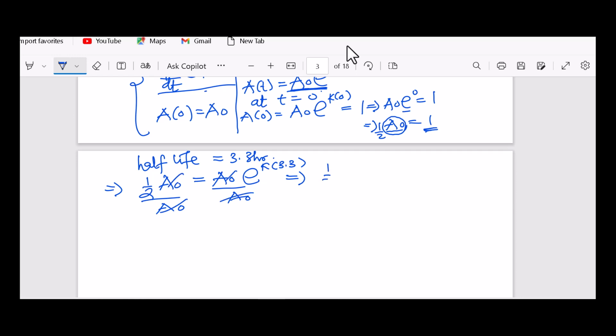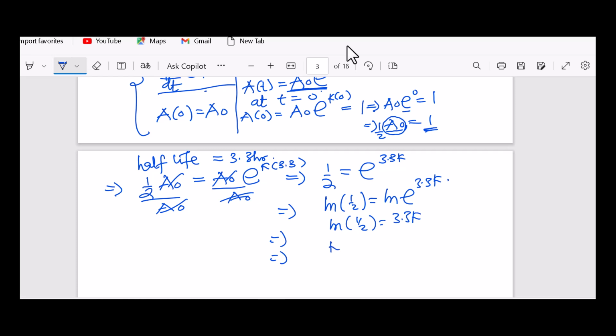So we have half equals e power 3.3k. And so we take ln of this. This will imply that ln of 1/2 equals 3.3k, and this will imply that k equals ln of 1/2 all over 3.3. So this is the value of our k.